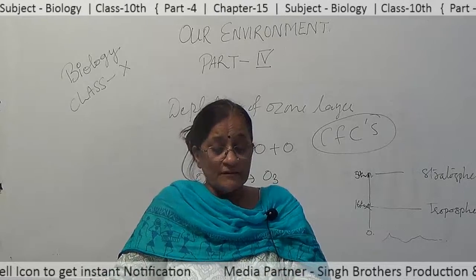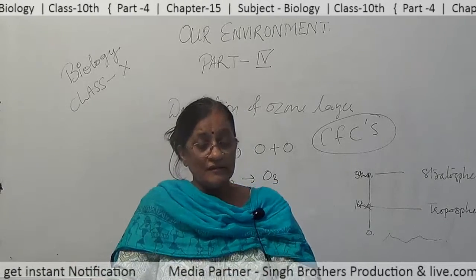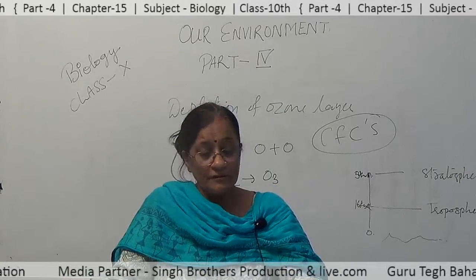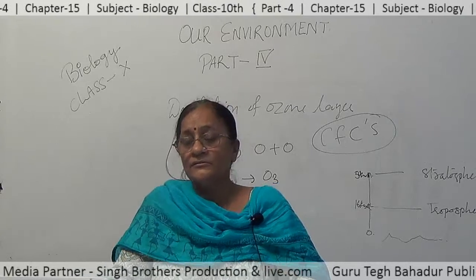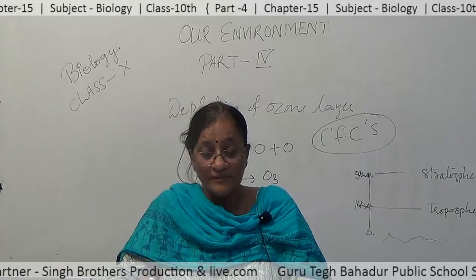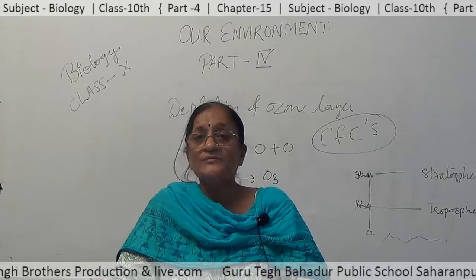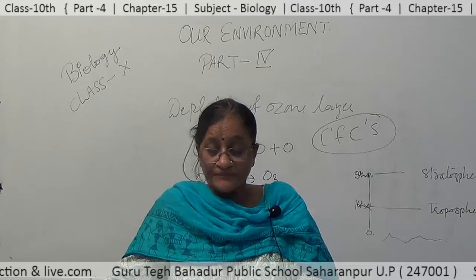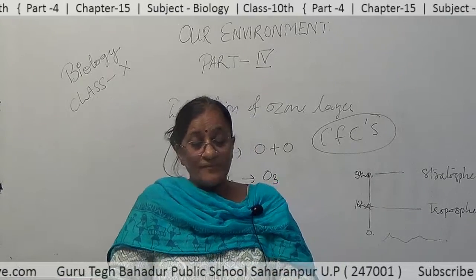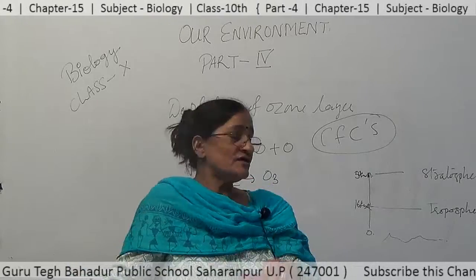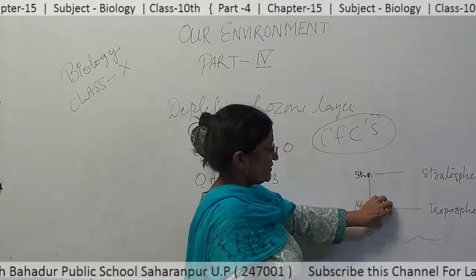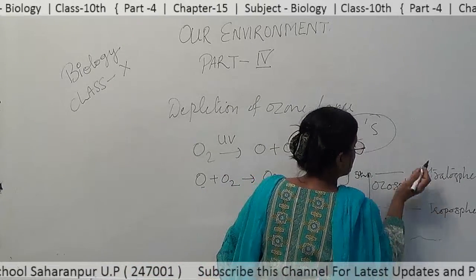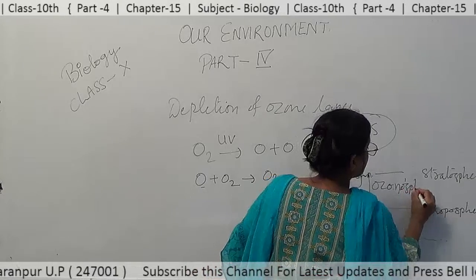Besides that, oxides of nitrogen, methane, chlorine, CCl3, and other compounds of carbon are responsible for depletion of the ozone layer. All of these compounds have drifted up into the stratosphere, which is the ozonosphere.